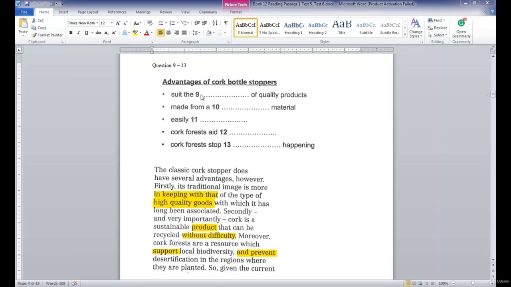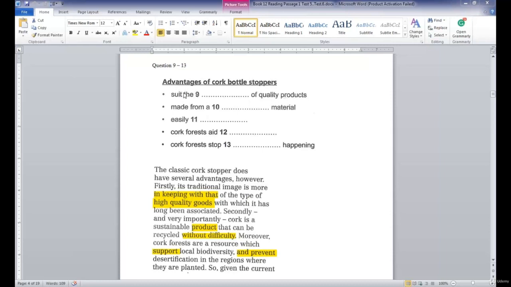Suit the quality of products. Right. Firstly, its traditional image is more in keeping with that type of high quality. Right. So it suits the blank of the quality products.